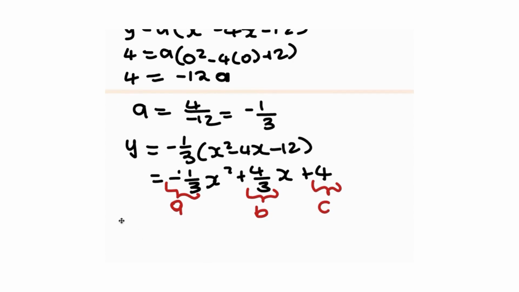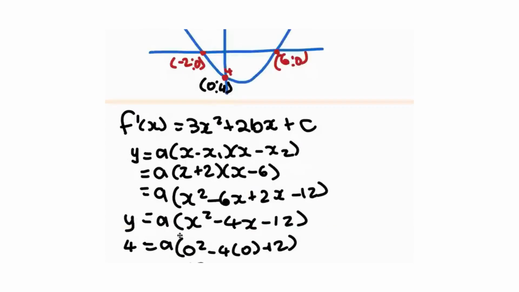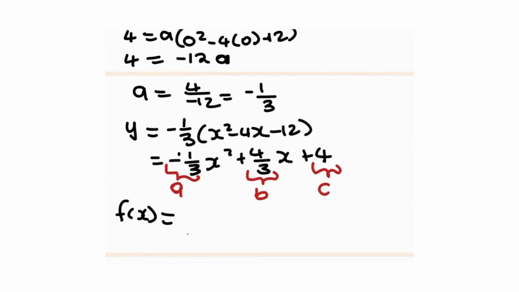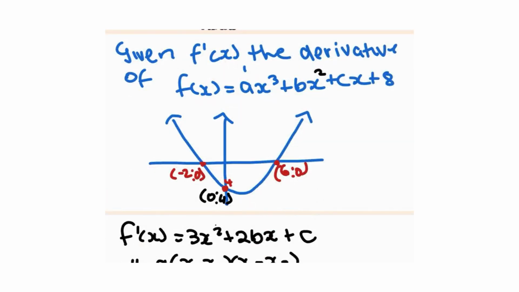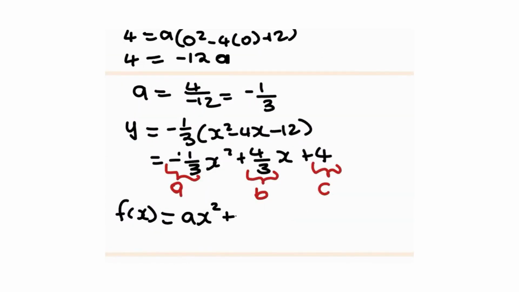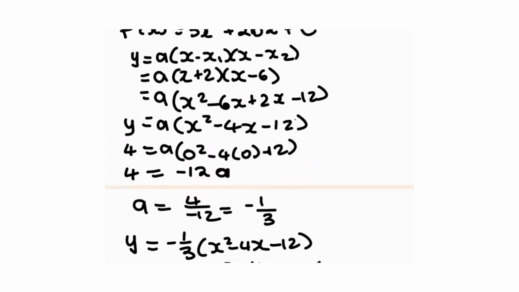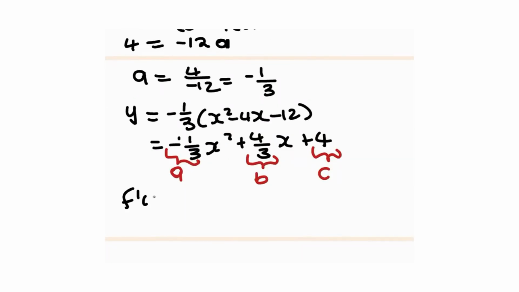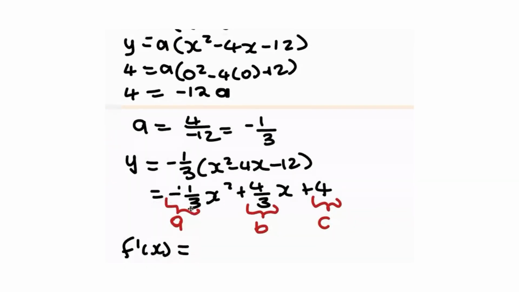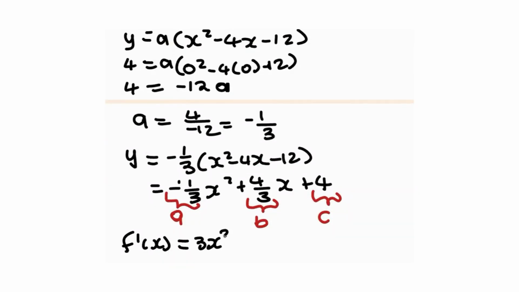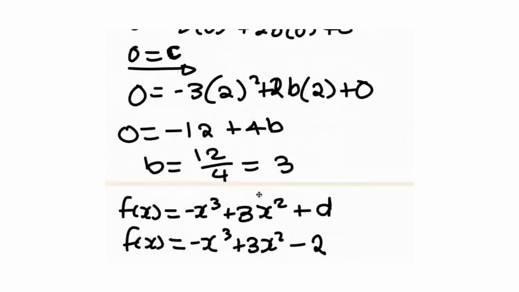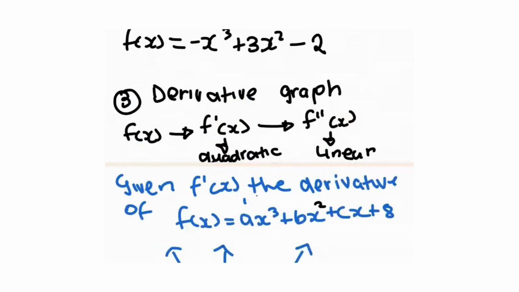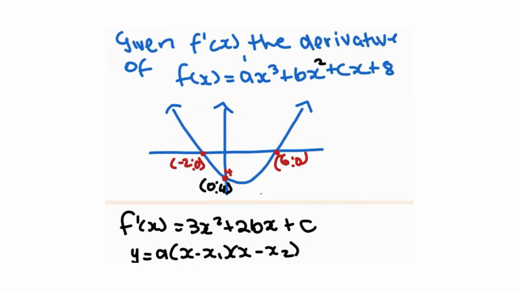If we bring that equation of f(x) equals ax cubed plus bx squared, oh, okay, we don't really have to bring this one. In fact, if we bring the derivative now, we said f prime x equals 3x squared plus 2bx plus, wait, it's not 3x squared, I made a mistake.